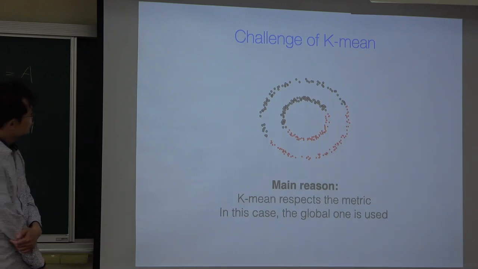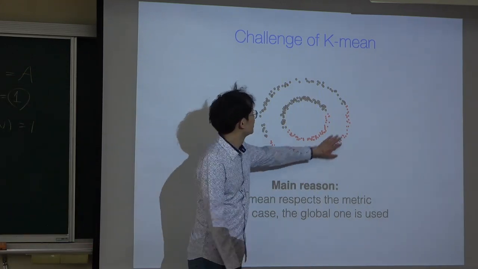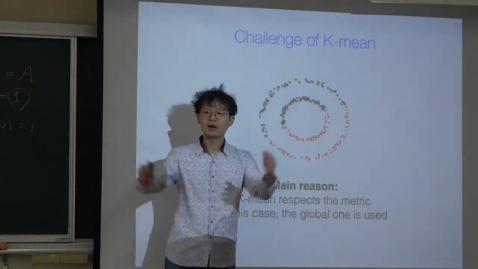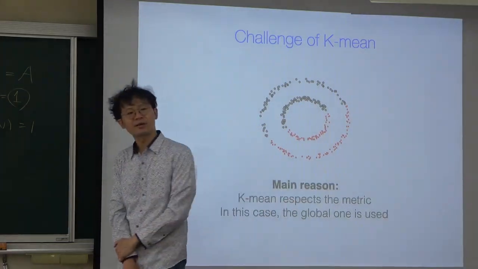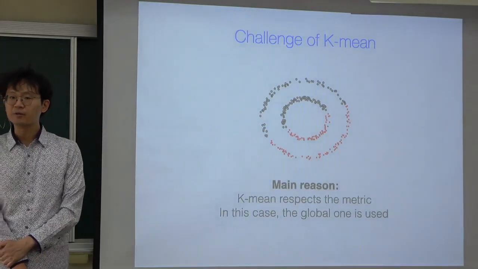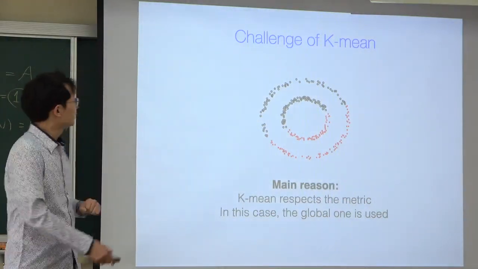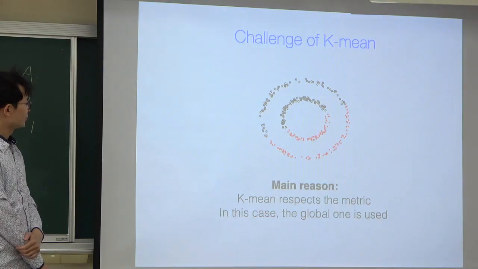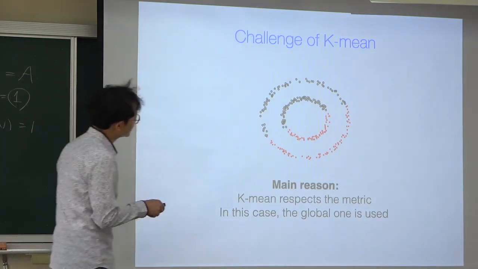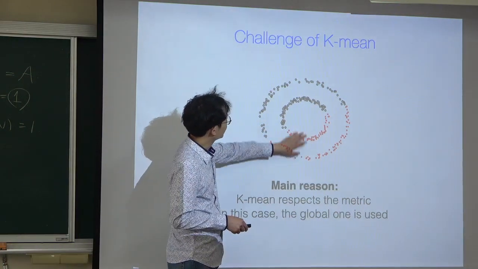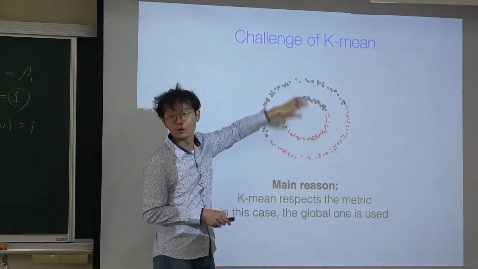For example, I give a data set of 2 circles. If I ask you how many clusters are there and how to do clustering, you may tell me there are 2 clusters, right? 2 circles. But if you run the k-means algorithm, you see this is the result. The red one and the black one, two clusters. Why?